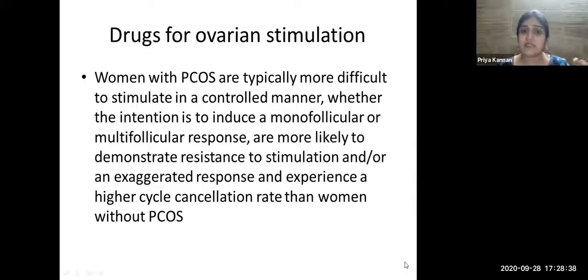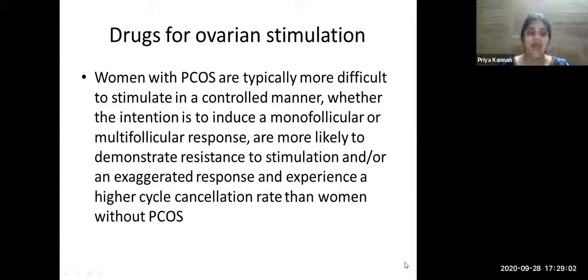Even after giving 375 units of FSH for 14 days, you may get nothing. Or they may give an exaggerated response to just 37.5 units of FSH, or just a CC, or sometimes even letrozole. Sometimes you want only one, you might see 4, and you wouldn't know what to do.